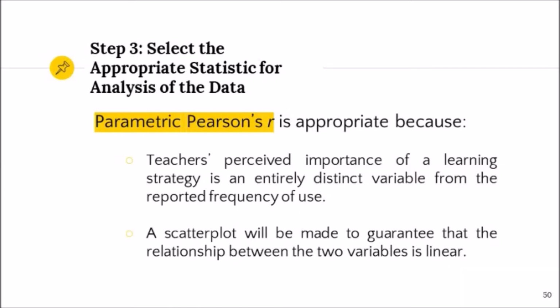Third, perceived importance of a learning strategy as a variable is distinct from the reported frequency of use. Lastly, to guarantee that the 2 variables' relationship is linear, a scattergram was created.